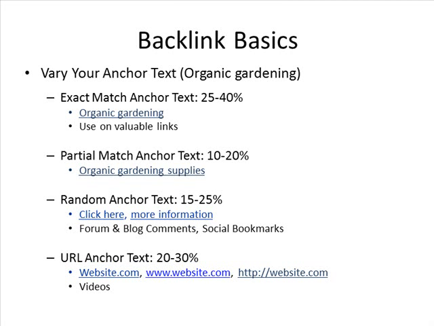And overall, the easiest way to do this is whatever keyword you're trying to rank for, go ahead and look at the top 3 to 5 websites that are already ranking in Google for those keywords, and then just do some backlink research on them. See what percentages of their links are exact match, partial match, random, and URL, and that'll give you the best guide possible for the ranges to stay within.